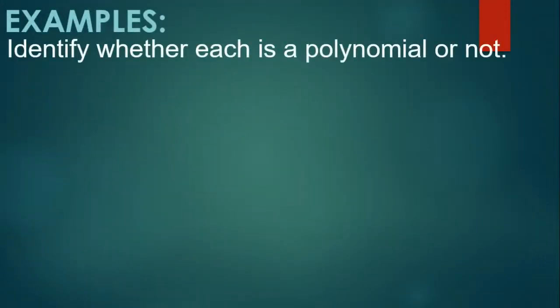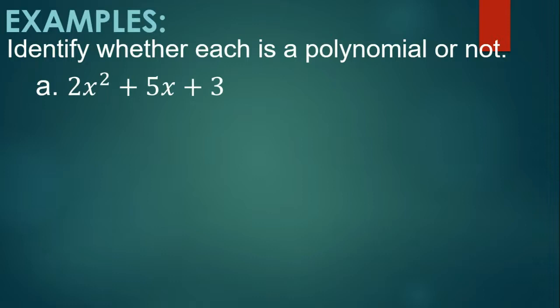Examples. Identify whether each is a polynomial or not. So again, how do we identify? Titignan lang natin yung mga variables. Kung yung variable ay naka-raise sa negative na exponent, naka-raise siya sa fraction na exponent, at may variable sa loob ng radical symbol, hindi na siya polynomial.